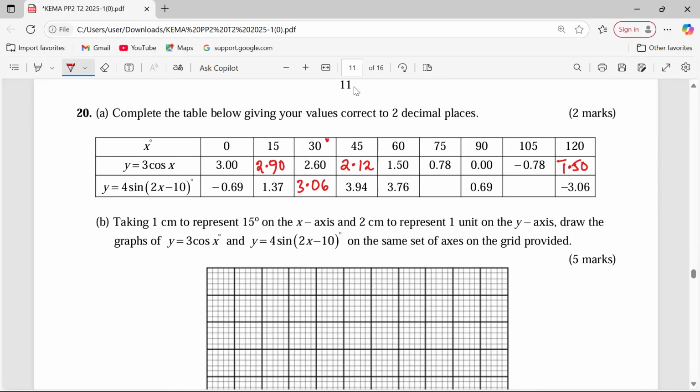Look at the next gap, which is at 75. So for the sine of, you open brackets, 2 multiplied by 75 minus 10. This is giving me 2.57. Let me write the 5 well.